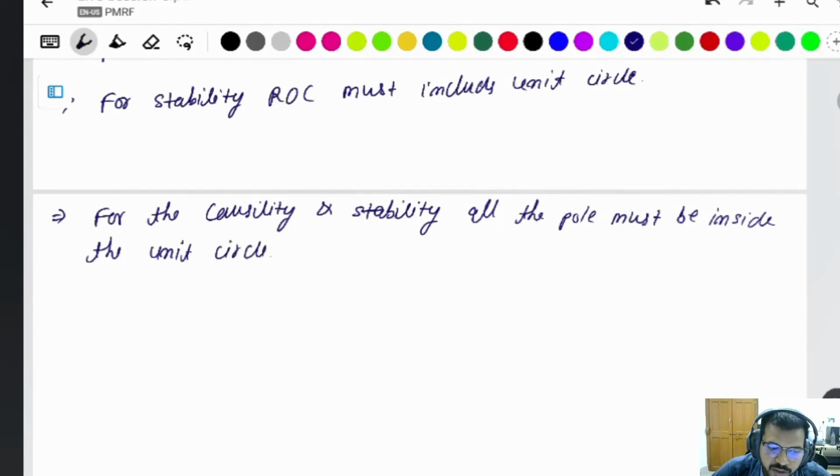All the poles must be inside the unit circle, like in the Laplace transform, where all the poles should be on the left side of the s plane.